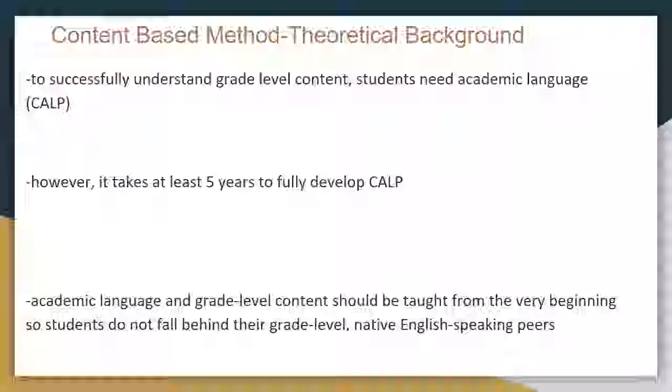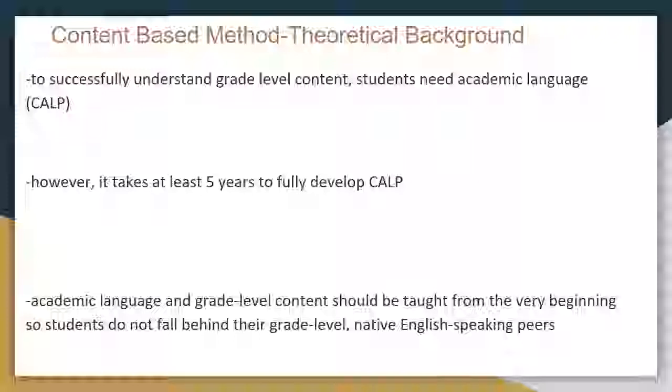So if students were only being taught language for the first 5 years and then content had been ignored, English language learners would be 5 years behind. That's why the concept of content-based method was developed.